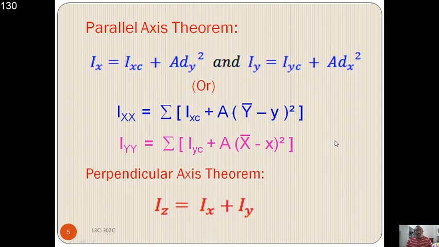In the earlier sessions, we also discussed the parallel axis theorem. In that equation, we said that if there is a centroidal axis like this, this is the centroidal axis, I can call it the XC axis because it is a centroidal axis.